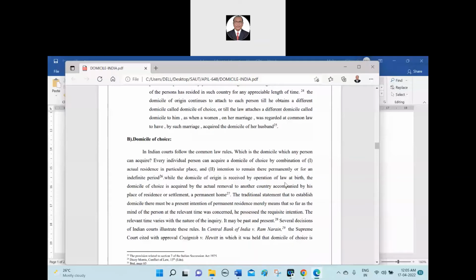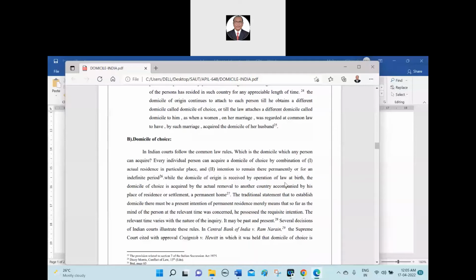Suppose you stay in a particular place more than 30 years, but you don't have the intention to stay there, it doesn't mean that you acquire the domicile of choice, because you don't have such an intention to continue. The relevant time varies with the nature of the inquiry. It may be past and present. Several decisions, of course, are Indian decisions; we need not worry about it.